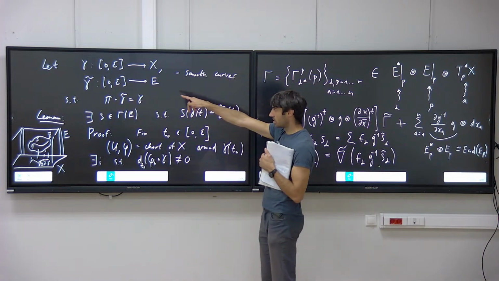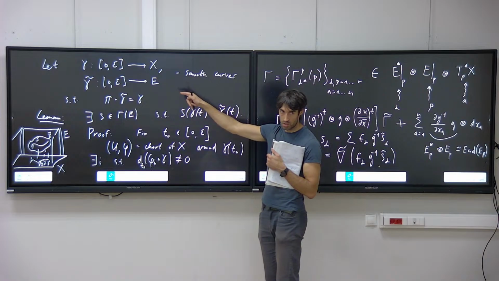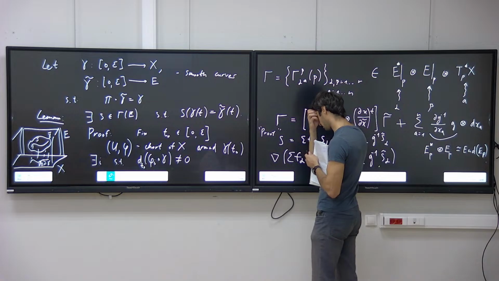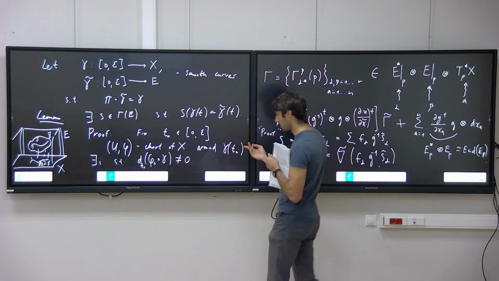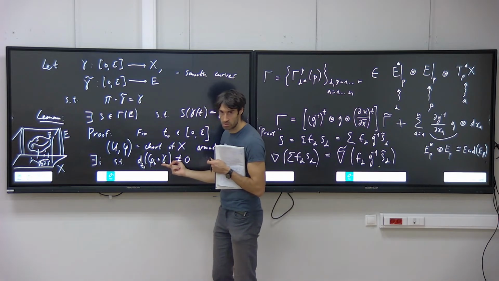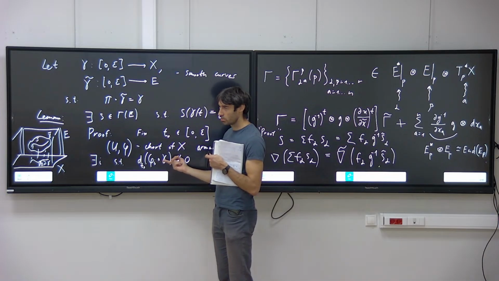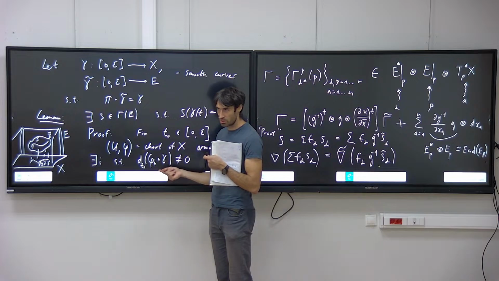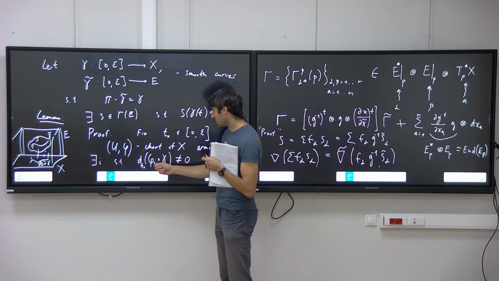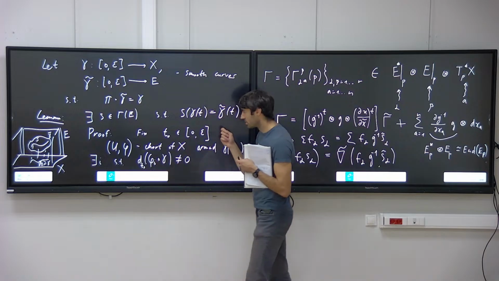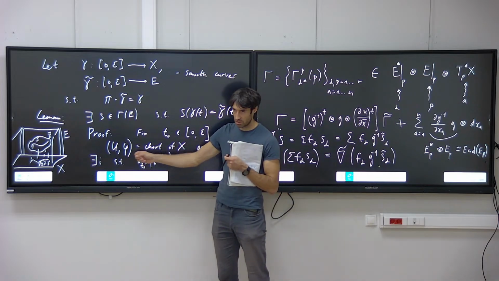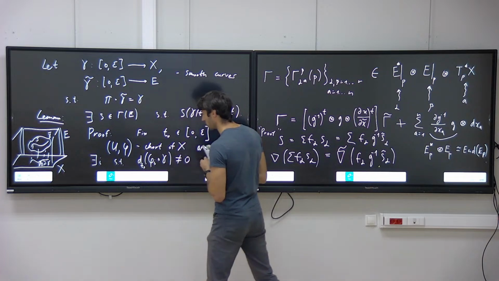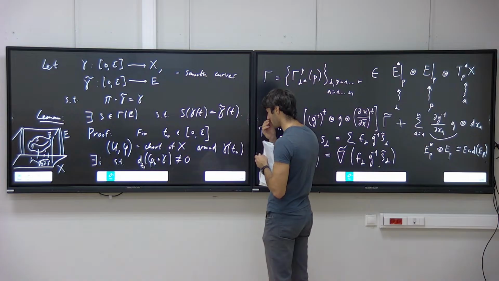Because this is an immersion, right? So actually there's some component where the differential is not 0. Immersion means that the differential has no kernel, so at least in some component, phi I are components of phi, the differential d phi I of gamma is not 0.